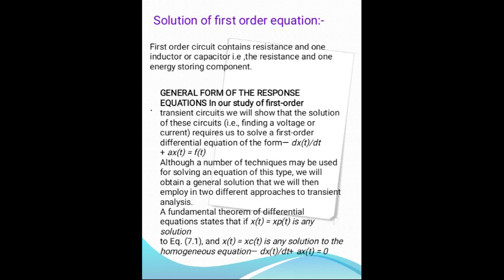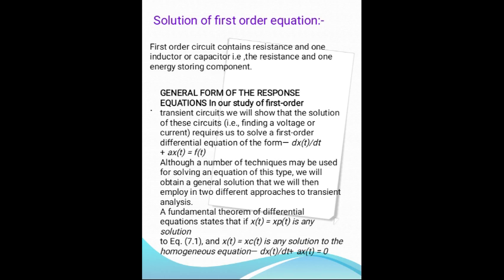What are the differential equations of order first and second? A first order circuit consists of a resistance and one energy source. The energy source may be an inductor or a capacitor.